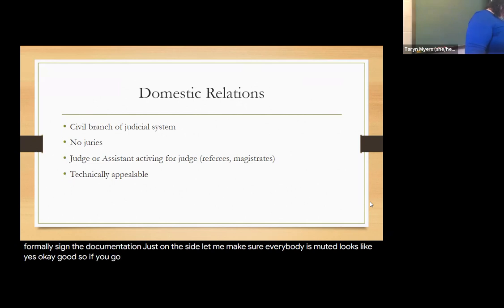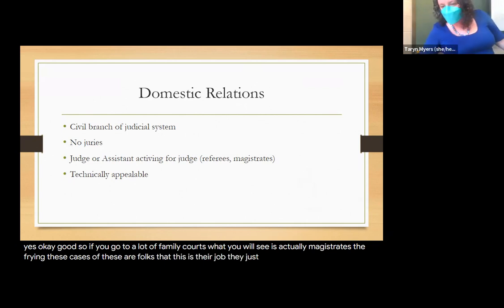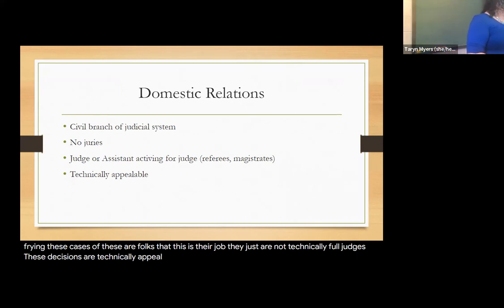So if you go to a lot of family courts, what you will see is actually magistrates deciding these cases. So these are folks that this is their job, they just are not technically full judges. These decisions are technically appealable, but it rarely is done.